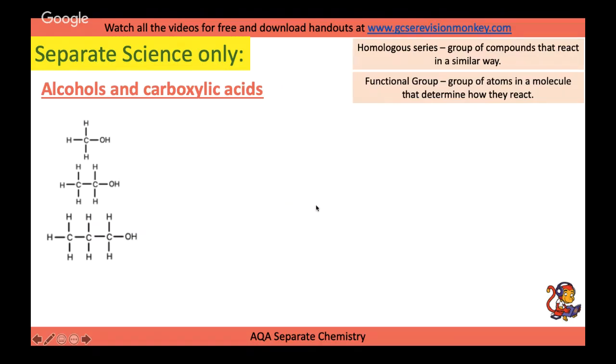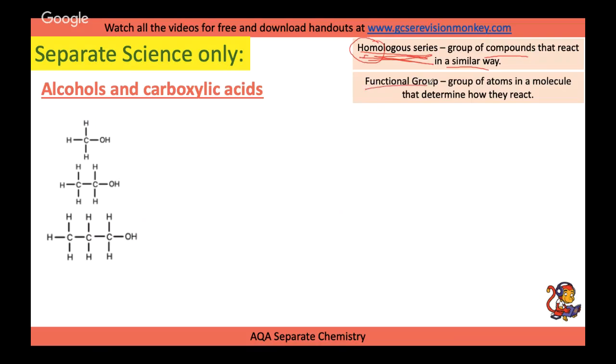Moving on to alcohols and carboxylic acids then. Alcohols all are part of the same homologous series. So homo meaning the same, they're all part of the same group of molecules. So they're a group of compounds that react in a similar way. Just like the alkenes are part of a homologous series and alkanes are part of their own homologous series.